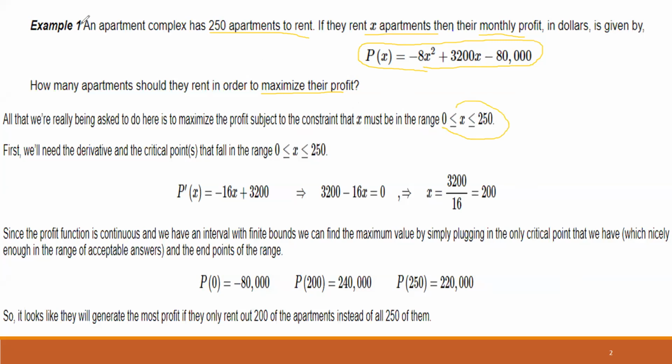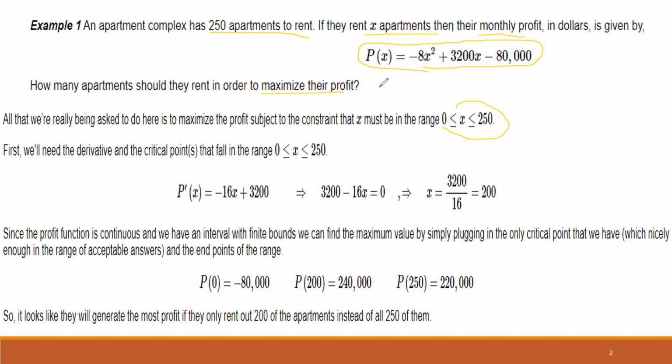It says an apartment complex has 250 apartments to rent. If they rent x apartments, then their monthly profit in dollars is given by this function. How many apartments should they rent in order to maximize their profit?